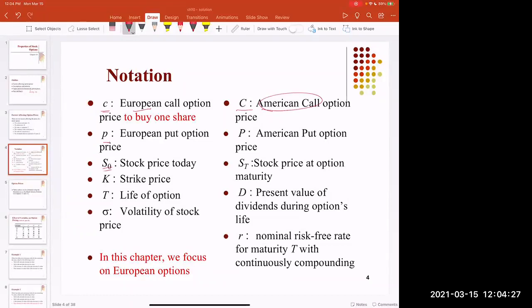S0 means stock price today. ST means stock price at expiration day. K is the strike price, and T is the life of the option. D is the present value of dividends, sigma is the volatility of stock price, and r is the risk-free rate.